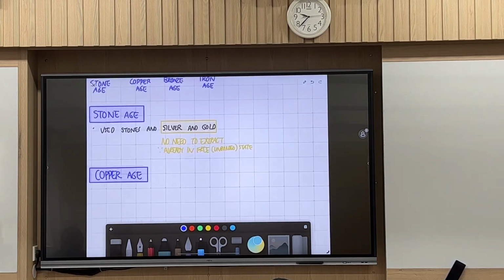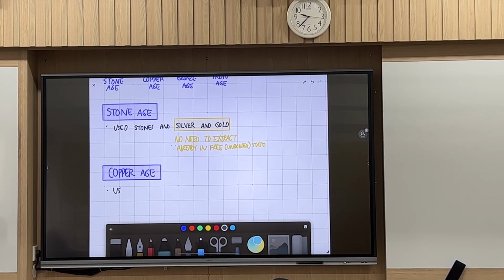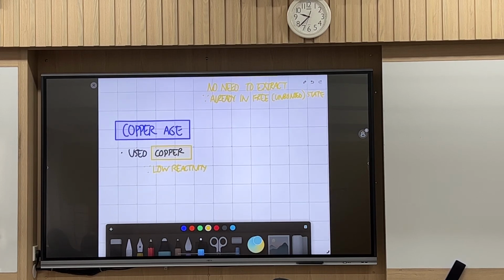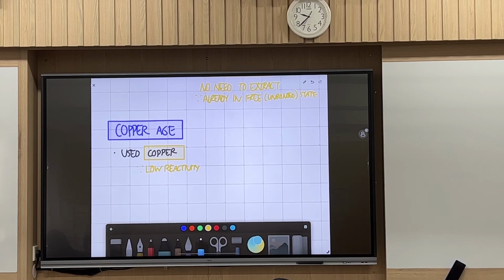Because copper is not very reactive, although it is slightly more reactive than silver and gold, it is easier to extract. Because of its low reactivity, when humans learned to use a furnace, they learned to extract it. So they are pretty easy to extract because of their low reactivity.